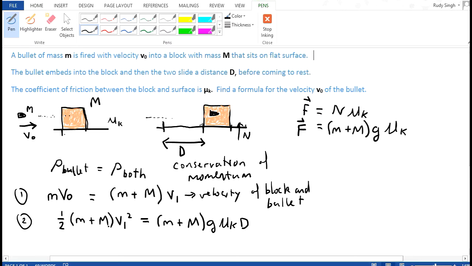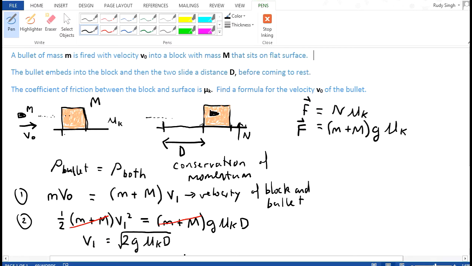Well, divide both sides by m plus M. The m plus M's cancel, and multiply both sides by 2, and we end up with v1 squared is equal to 2g mu sub k times the distance. And we want v1, so we square root both sides. So v1 is equal to the square root of 2g mu sub k times the distance.